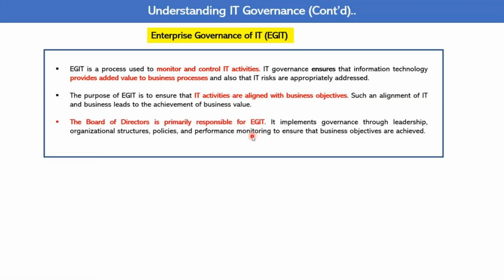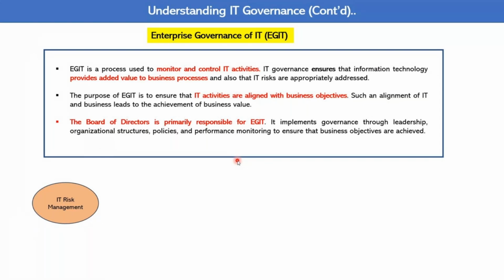Let me show you a very nice and interesting picture, a simple way to know what is equal to EGIT, that is enterprise governance of IT. IT risk management is a process used to identify, analyze, evaluate, and select the risk response option, and to bring the risk under control.